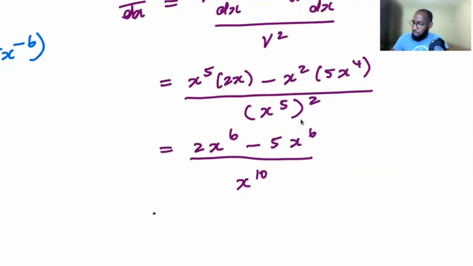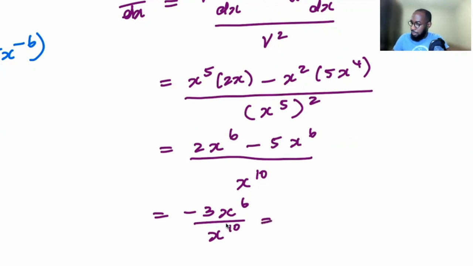So we continue. We have 2 minus 5, because we have the same variable, the same term, so we could add or subtract like terms here. The like term is x to the power 6. So 2 minus 5 is negative 3, x to the power 6 divided by x to the power 10. Now remember, when you're dividing same variables for laws of indices, we subtract the powers.